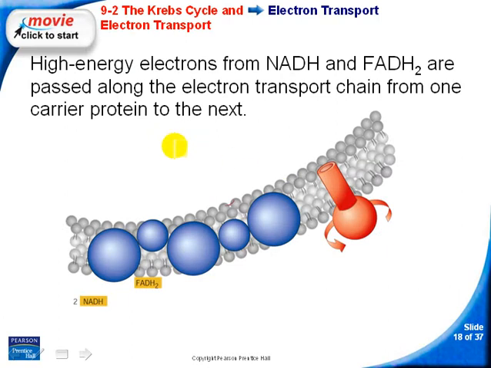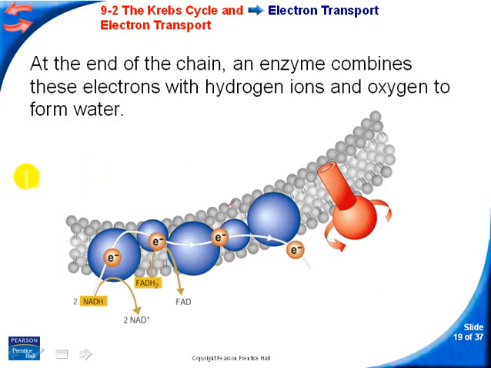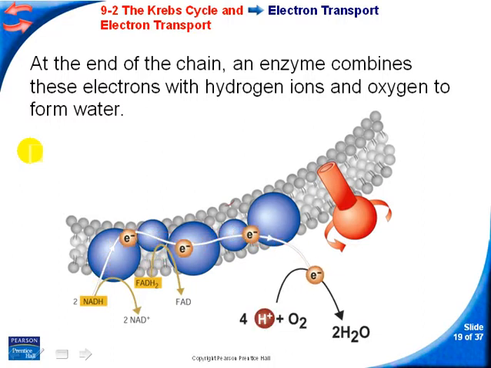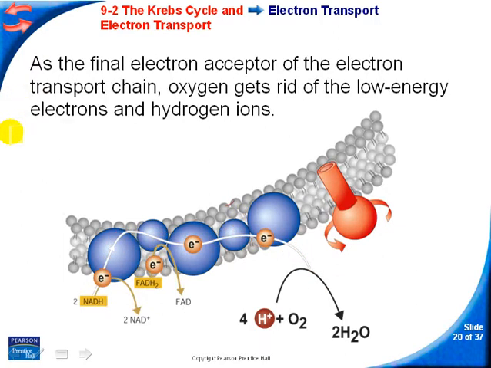Without going into too much detail, the electrons are passed along a chain from one carrier protein to another, and they can create water as a result of it. And if you remember, water is a waste product of cellular respiration.